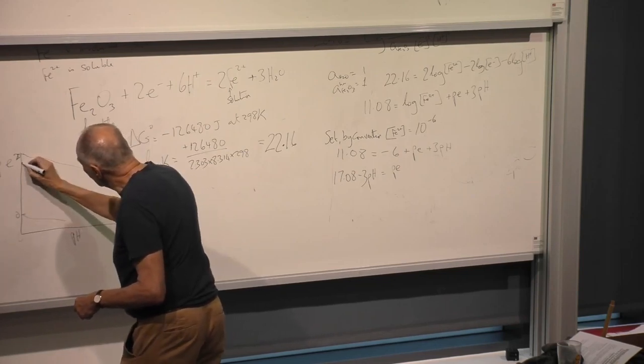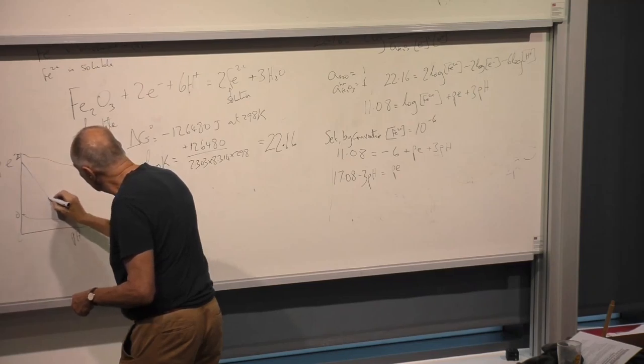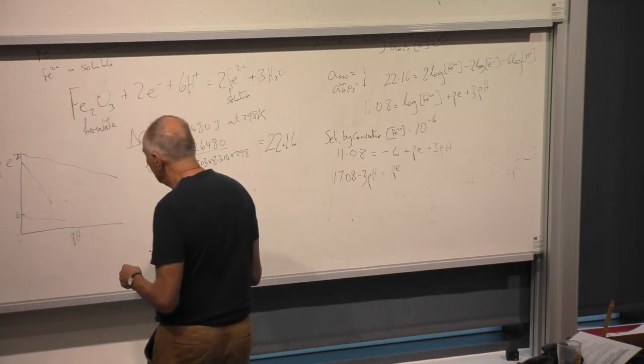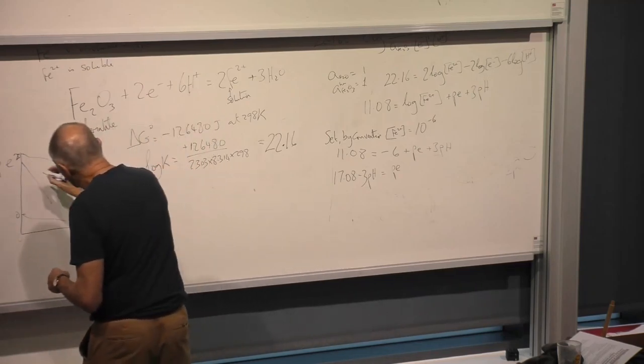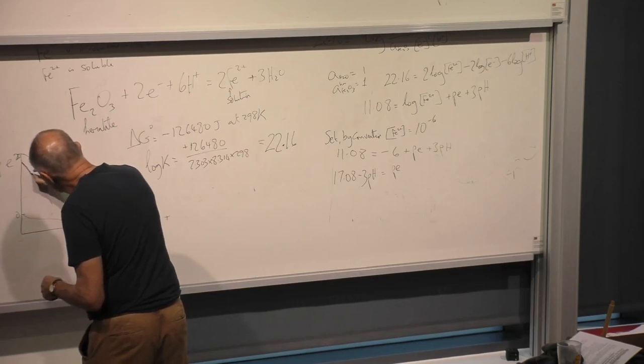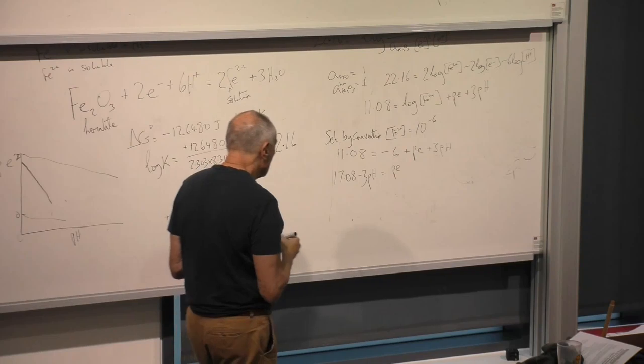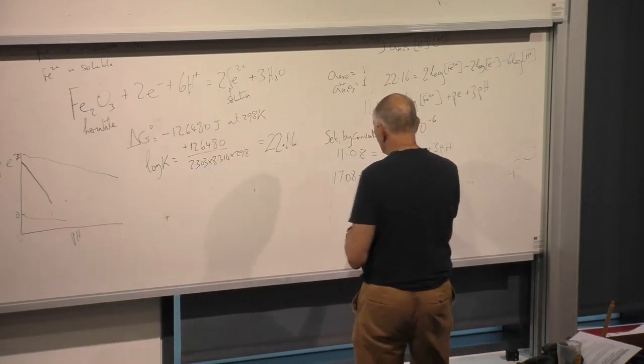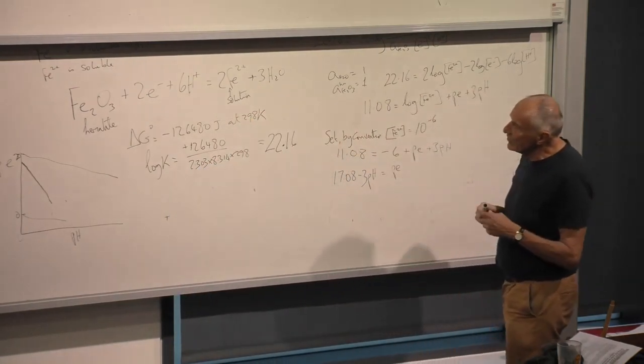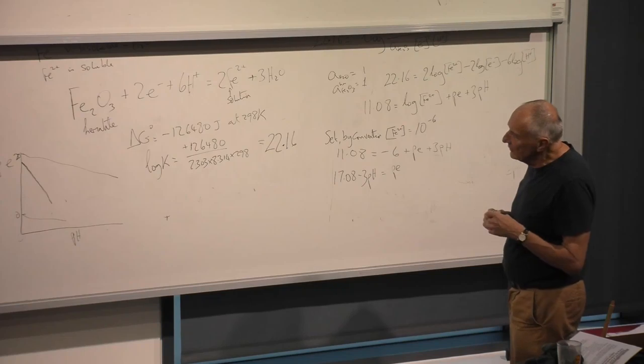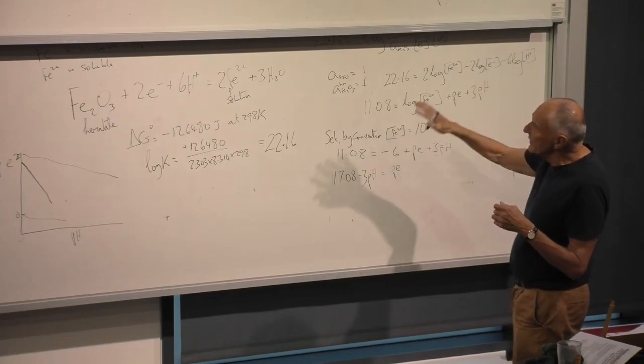At 17, it's got a very steep, much steeper slope, 3. Okay, so this is our slope for this reaction: pe equals 17.08 minus 3 pH. May have drawn it a little bit too steeply, but never mind.